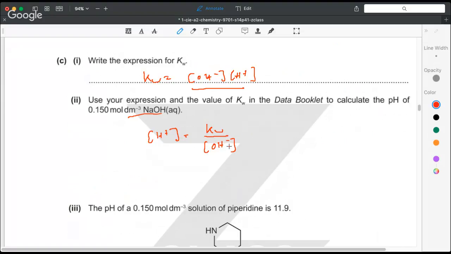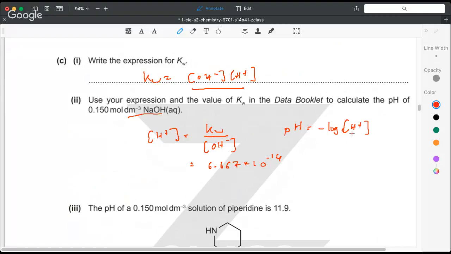And when you work that out, then you get a concentration of hydrogen ions, a tiny concentration actually, which is what you'd expect. And then you need to know as well that the pH, of course, is minus the logarithm of the hydrogen ion concentration.